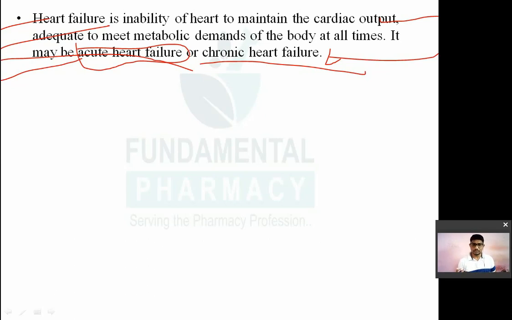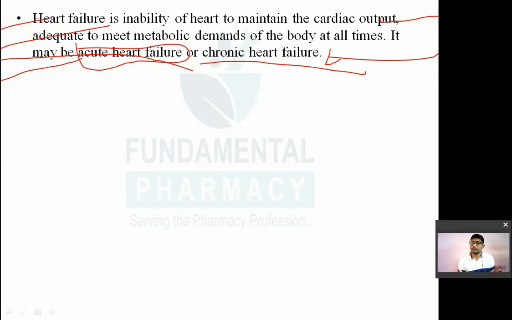You look normal at rest. If you are not doing any work, just sitting and reading, the body's requirement of cardiac output is less. At that time, your heart will be able to fulfill that.